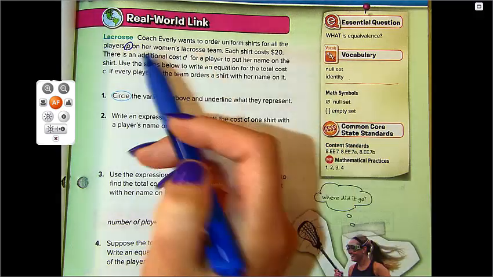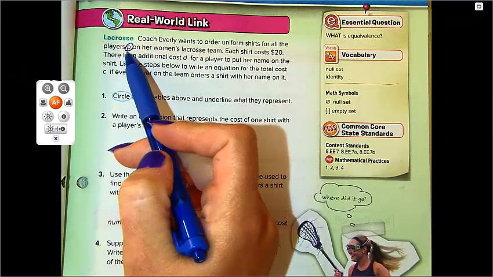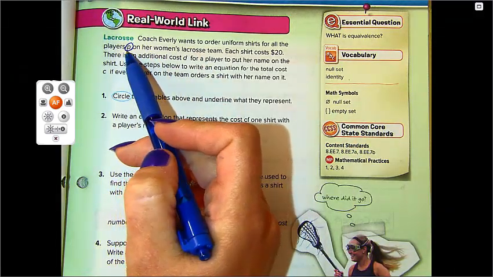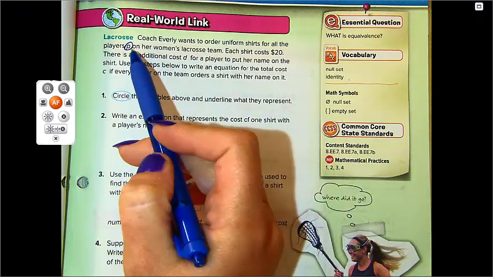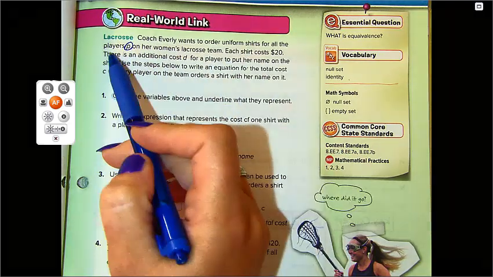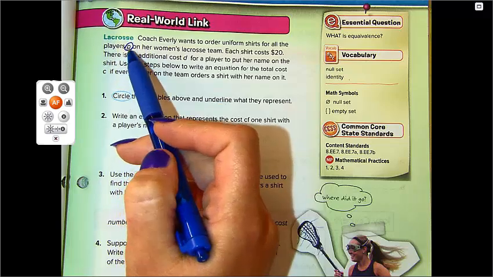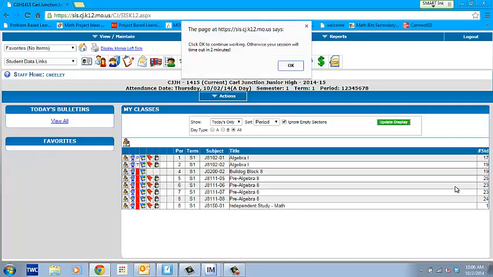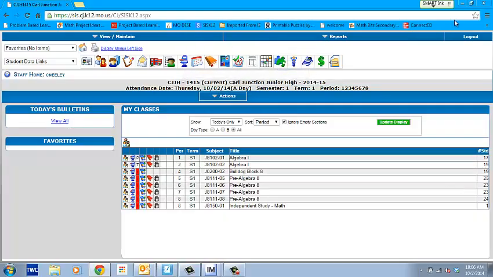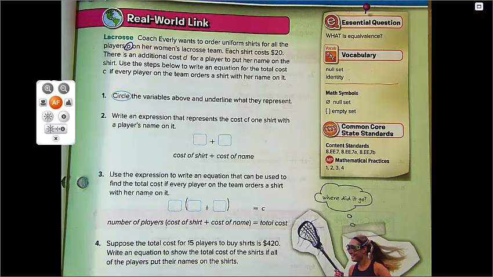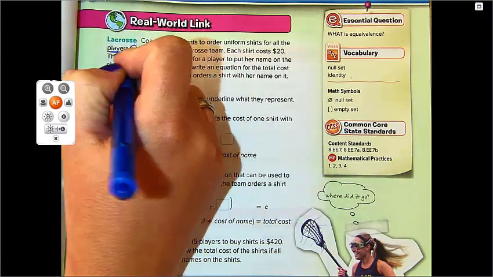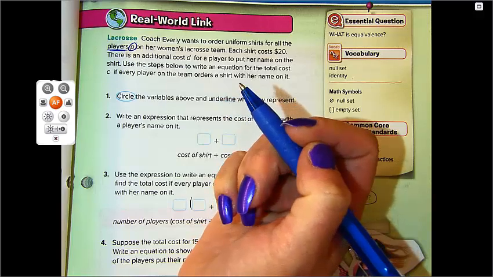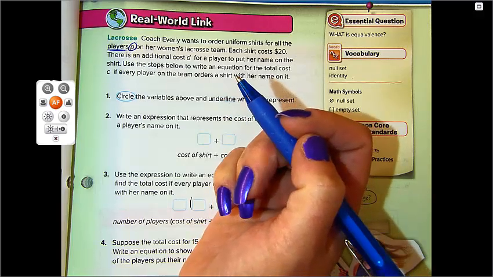Well, I have to look around that variable to see what it means. Does it mean P on her women's lacrosse team? No. For all the players, P. It would make sense if P stood for players. So in this case, our P is going to stand for players, the players on the lacrosse team.